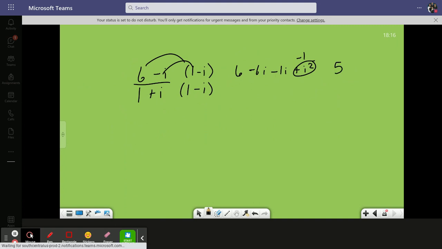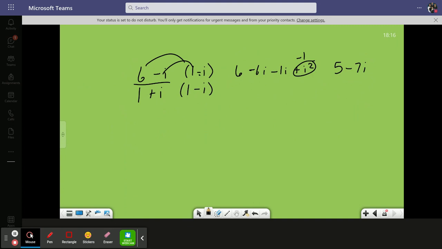Negative 6i minus 1i gives me a negative, so because both of them are negative, they add. Yes? Okay, so then I've got minus 7i.